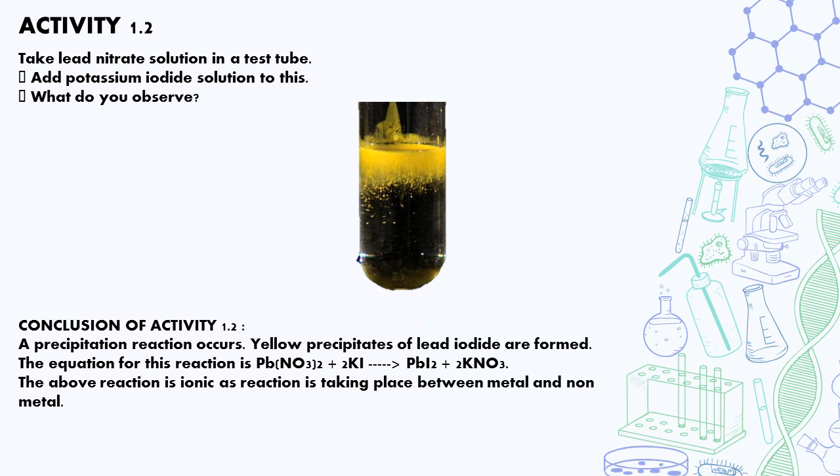The equation for this reaction is Pb(NO3)2 plus 2KI gives PbI2 plus 2KNO3. The above reaction is an ionic reaction. So again, when you observe this reaction, a new substance is formed by the reaction of two existing ones.